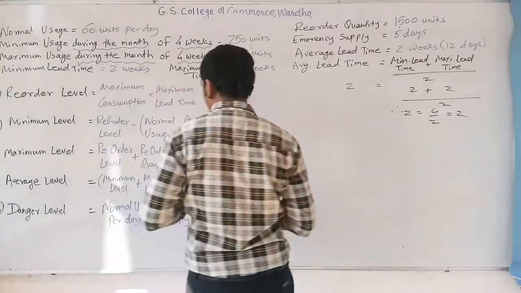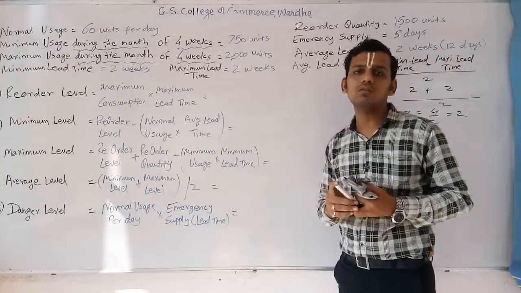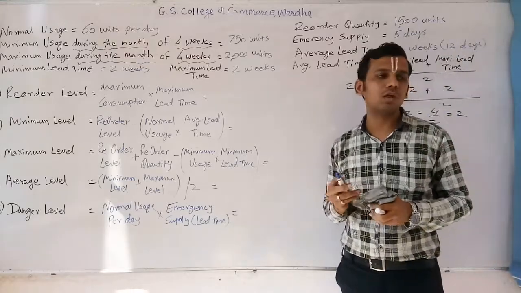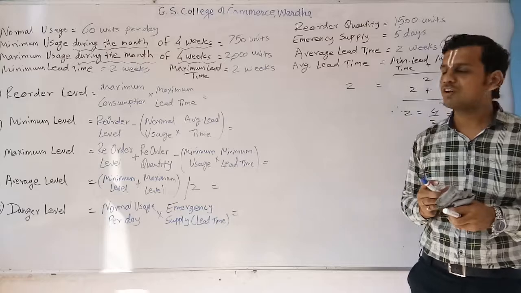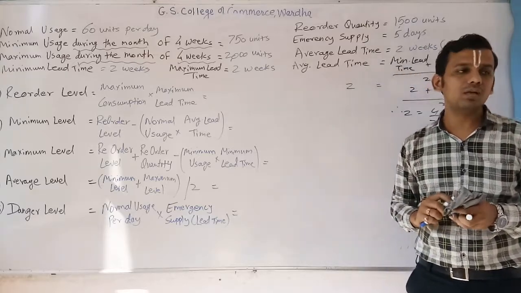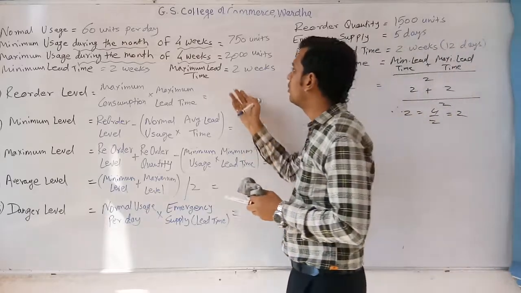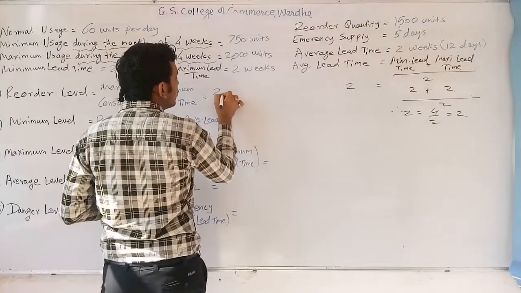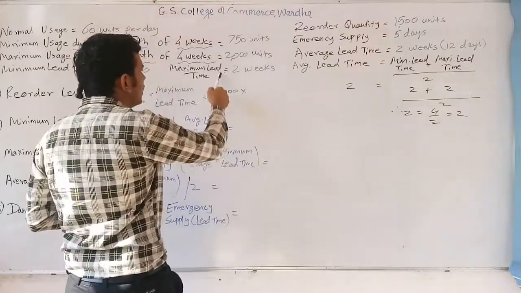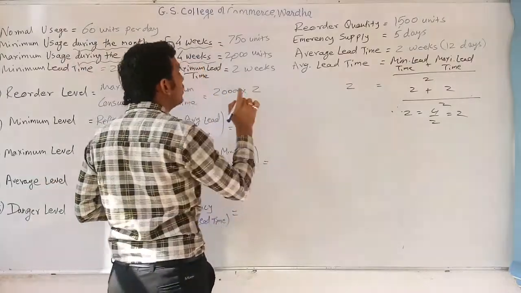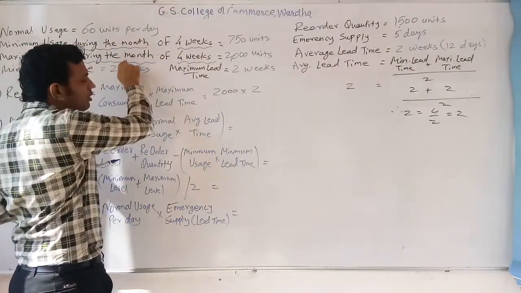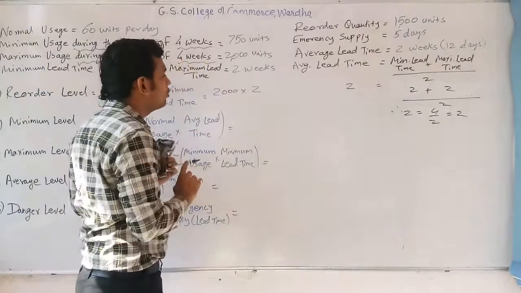Now we will move towards solving the things which are asked in the question. The very first thing we need to calculate is reorder level. The formula for calculation of reorder level is maximum consumption into maximum lead time. Here maximum consumption is given as 2000 units multiplied by maximum lead time we have assumed as 2 weeks, but again there is a catch: the maximum consumption is given for a month, and a month comprises 4 weeks.